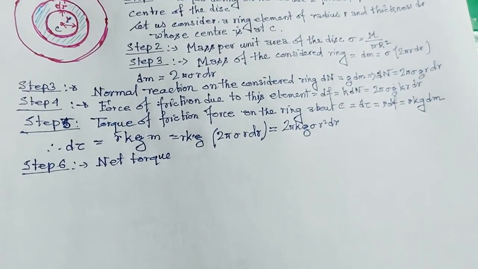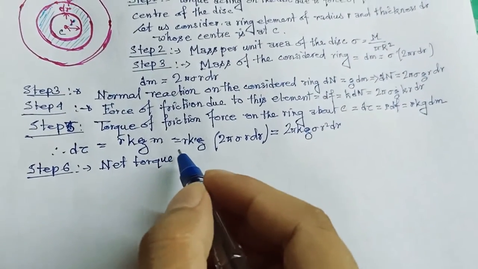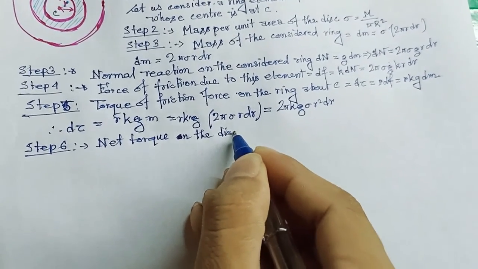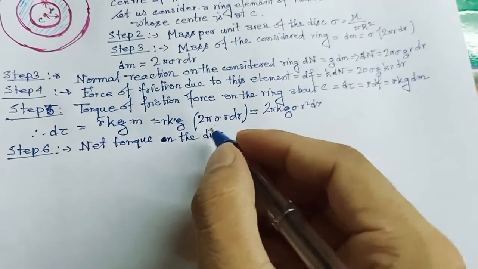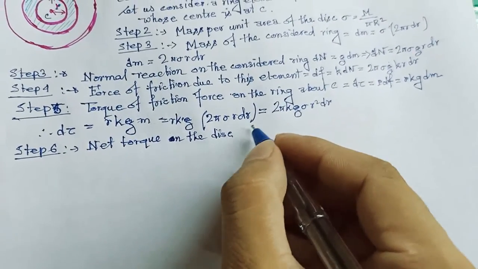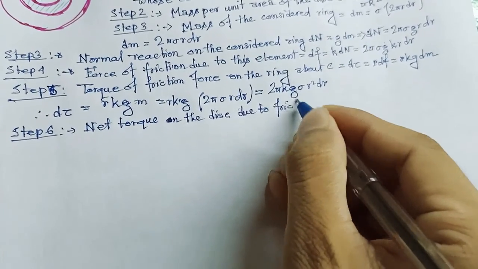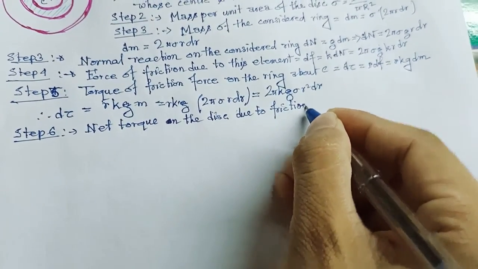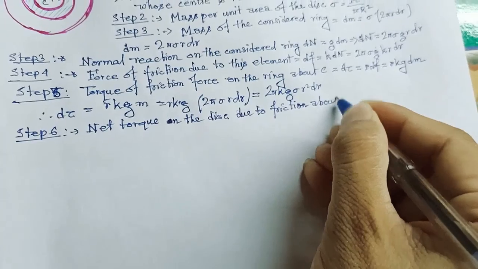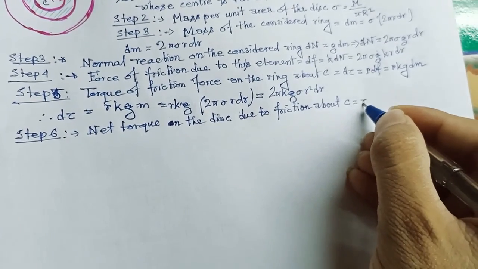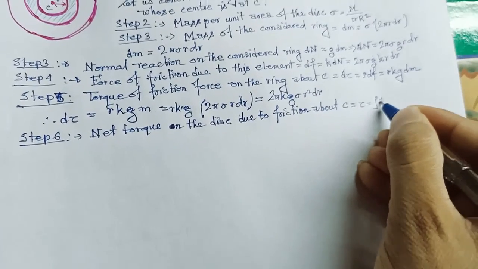So our net torque on the disc due to friction about C will be tau, which is equal to the integration of d tau.